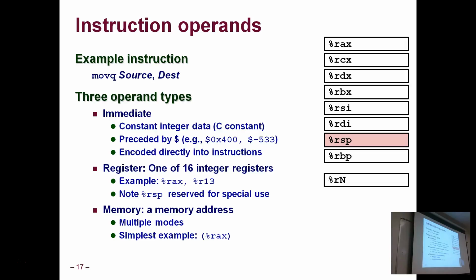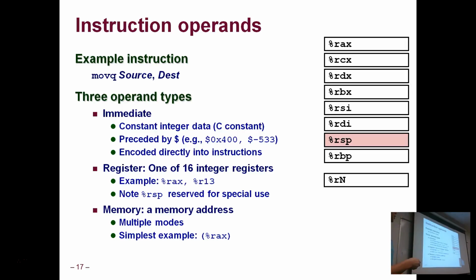In terms of operands, I'm going to show you all the different types of operands in x86 instructions using the move instruction. So here is your example instruction, a move quad from source to destination. The 3 operand types are these. The first type is an immediate type, and this is a constant integer data type.